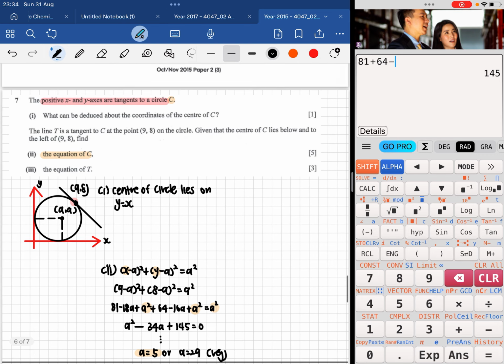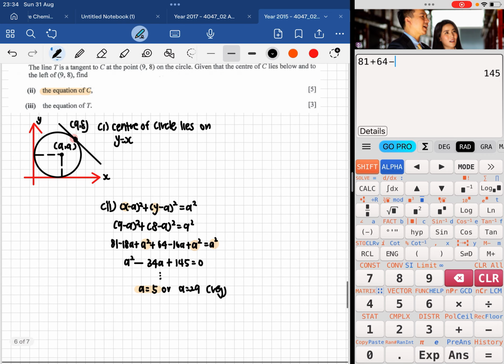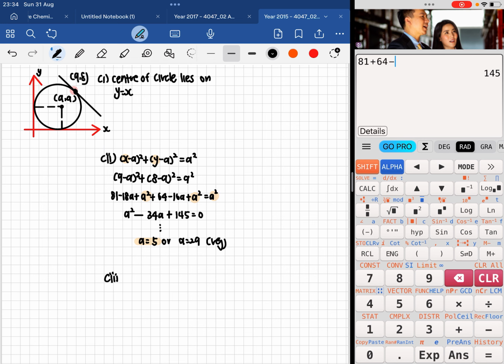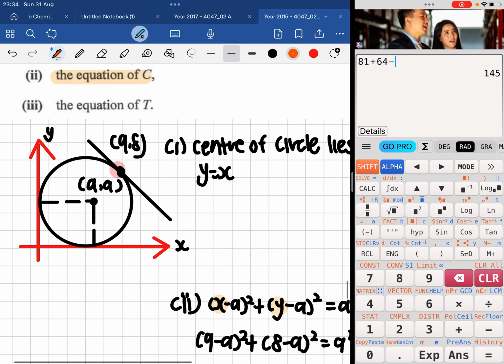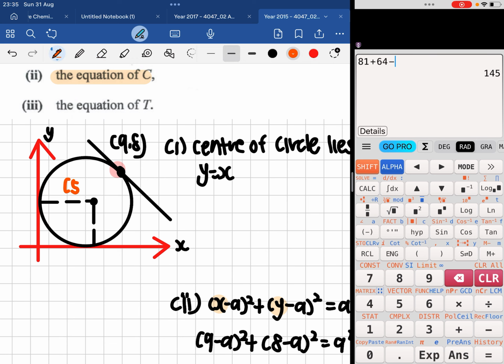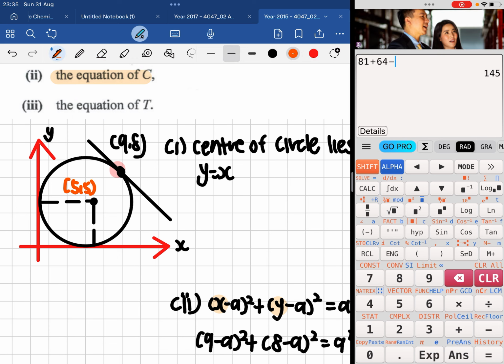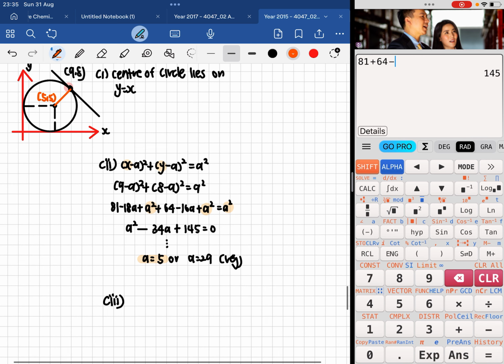Okay, then if you need to find the equation of T, I think you should be able to do it already. If you know, you can just pause. So how you find it: we find the gradient of the orange line, that's (8 minus 5) over (9 minus 5), so this one here will be 3/4.